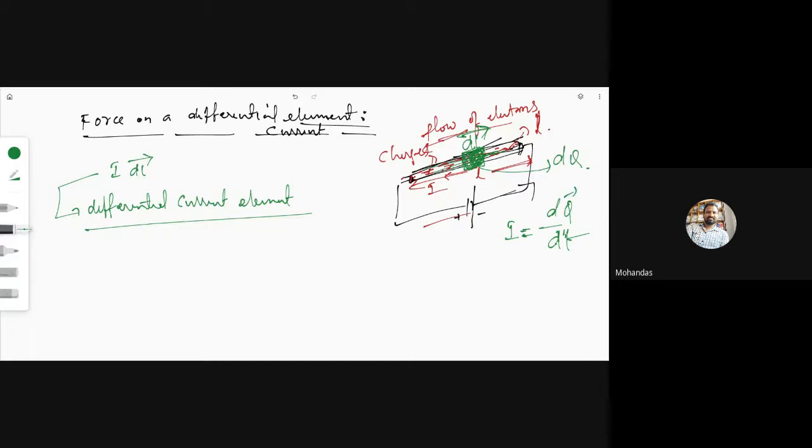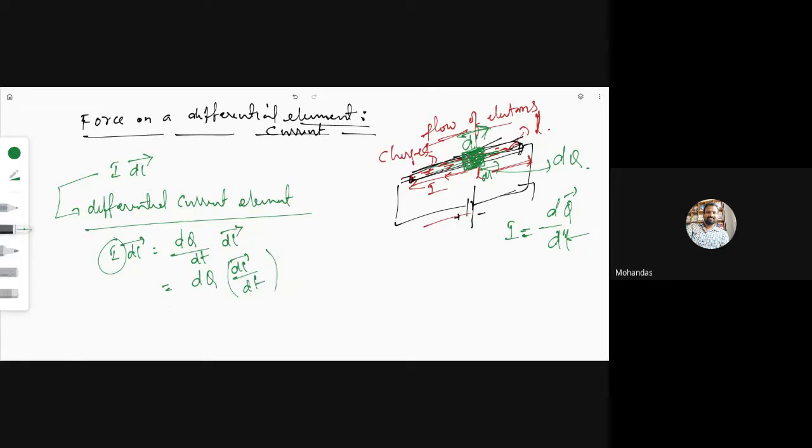Differential charge in the length of dl. Now in this Idl, instead of I, I am writing dq by dt into dl. Now I am writing this dt below the dl, then dl by dt.